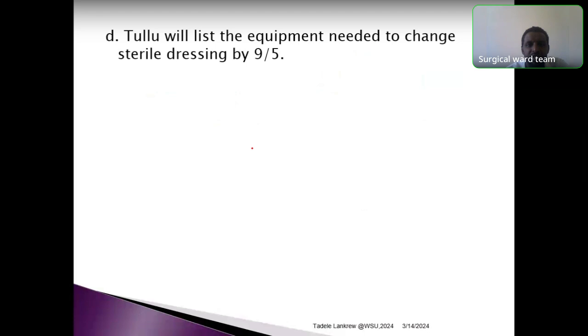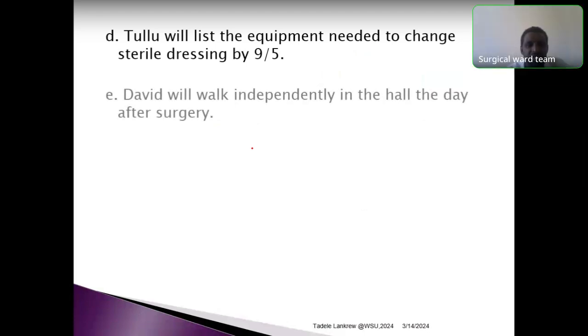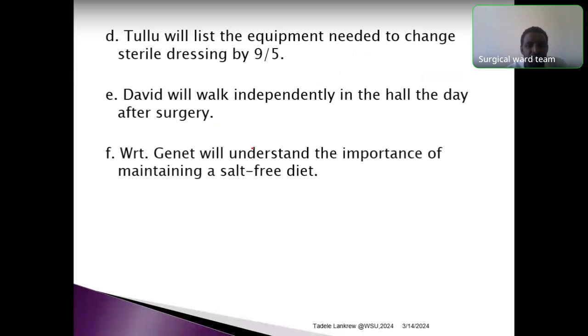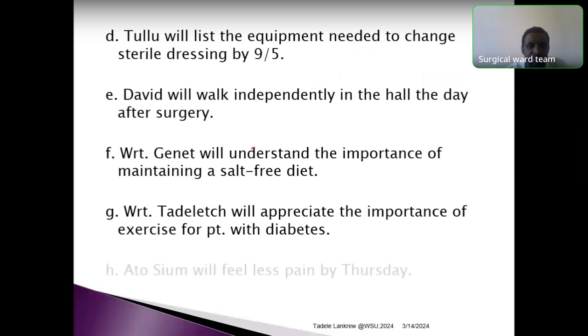Which kind of dressing? This can be made clear. David will walk independently in the hall the day after surgery. It is specific. Whether Gannett will understand the importance of maintaining a salt-free diet, not specific. Whether Tadlich will appreciate the importance of exercise for patients with diabetes, not specific.